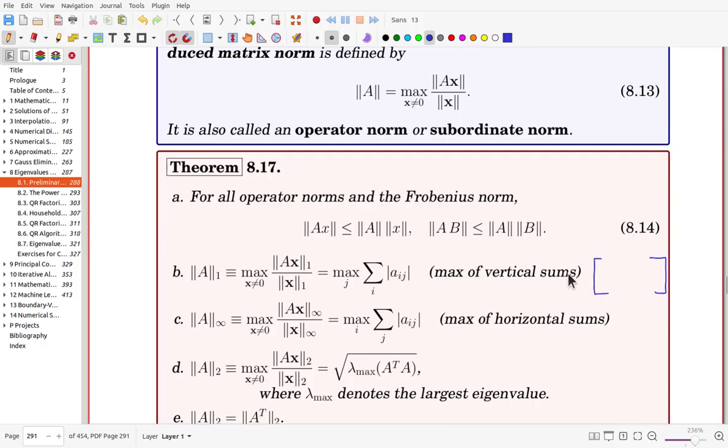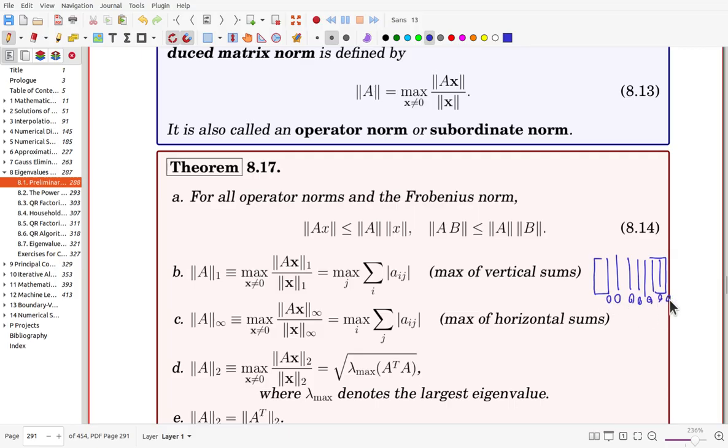For entries, first take absolute values, and vertically we add these entries. Then each column will produce a quantity like that.